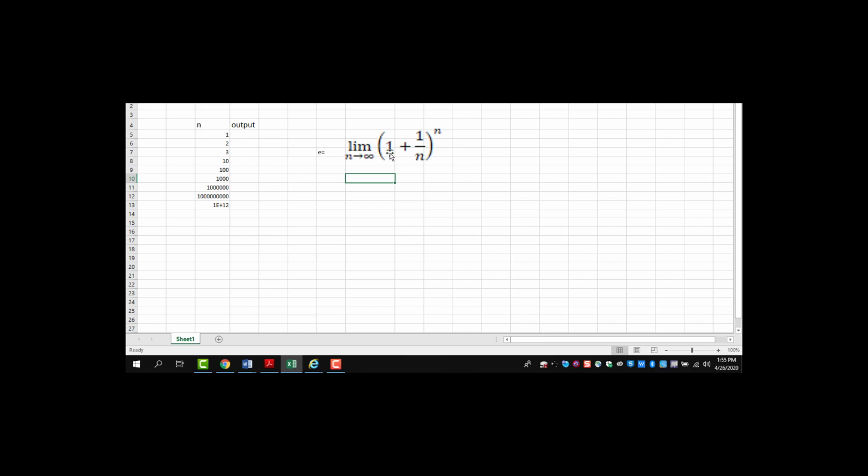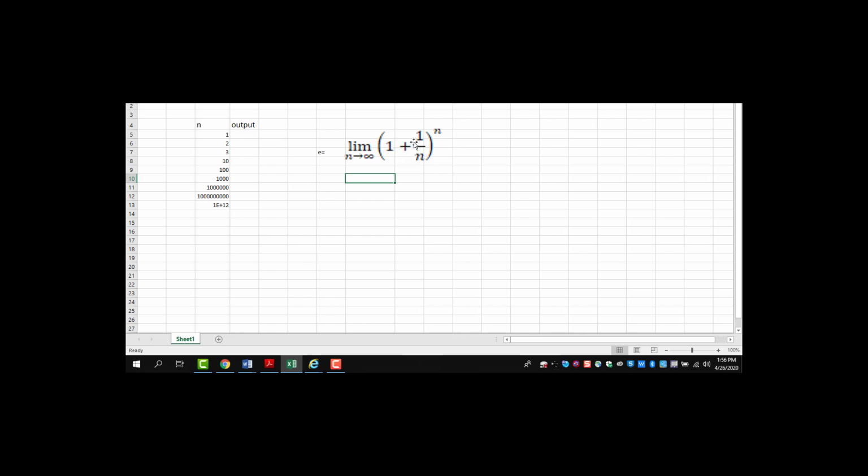Now what this number actually is, it's really difficult to discern, because as n gets larger and larger here, this 1 over n starts getting closer and closer and closer to 0. Well, if this gets close to 0, 1 raised to any power is still 1.